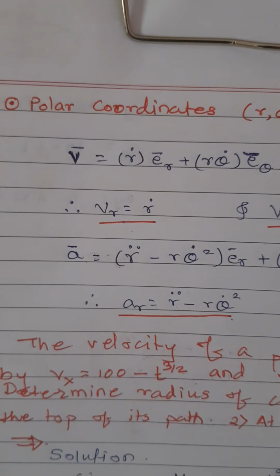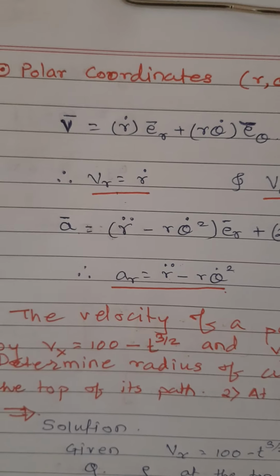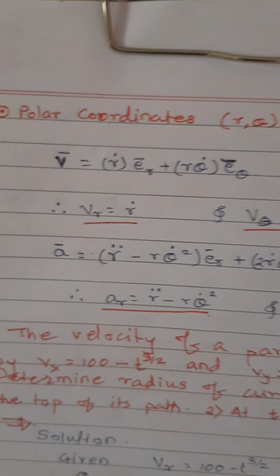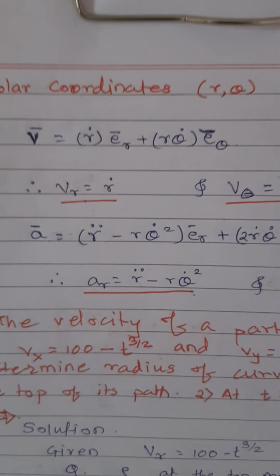So up to now we have seen two systems. Now we will move on to the third system, that is the polar coordinate system, or radial and transverse components.